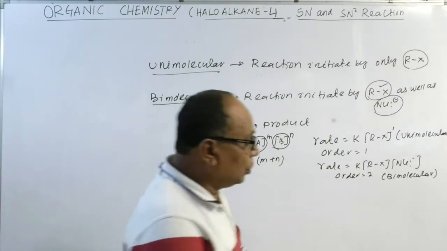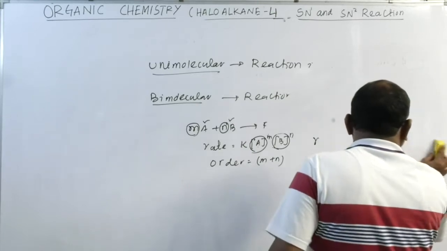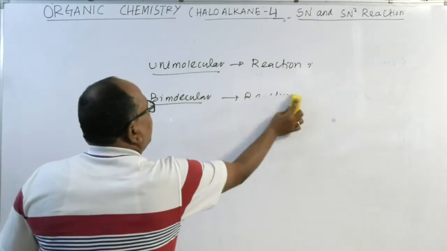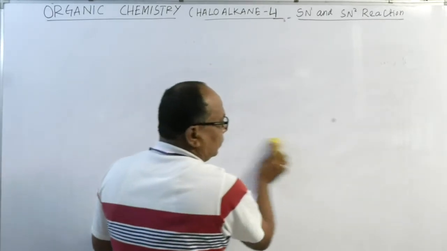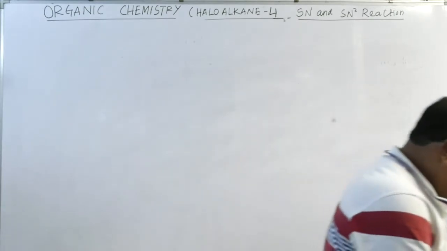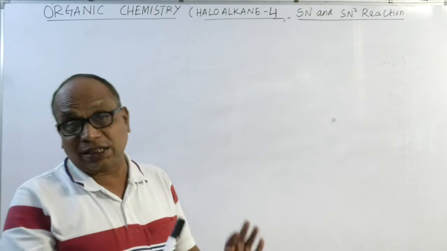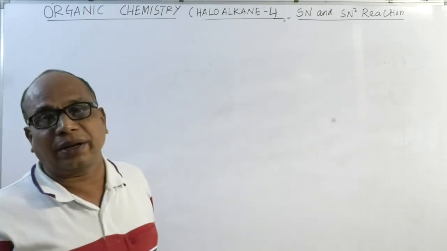Next we discuss some about optical isomerism. In optical isomerism, you should know what is D form, what is L form, what is an enantiomer, what is racemic form, all these things. It will be a little bit required in this chapter.